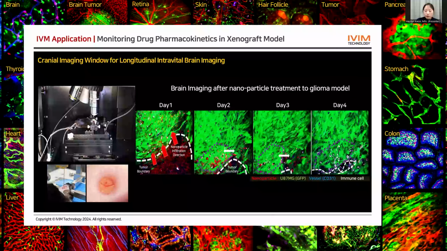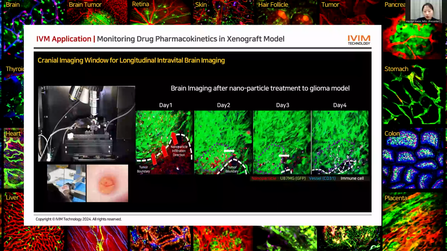After confirming tumor growth on day 7, we intravenously administered a red fluorescent nanoparticle drug. On day 1 post-injection, the drug was observed successfully reaching the brain and localizing around and partially within the cancer cells.